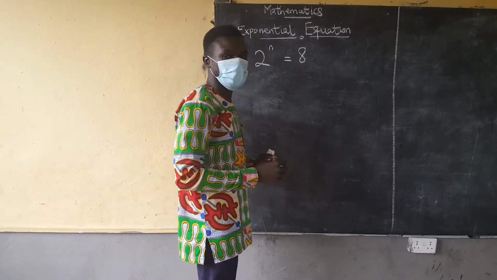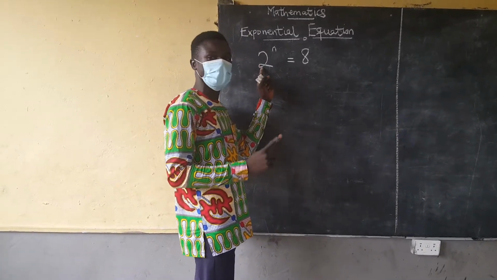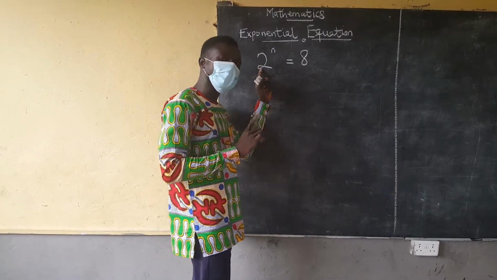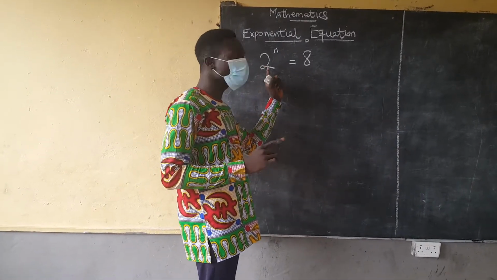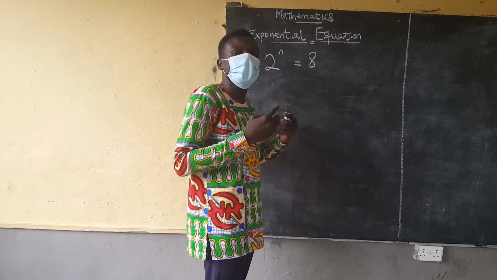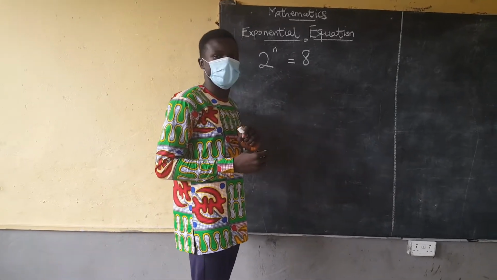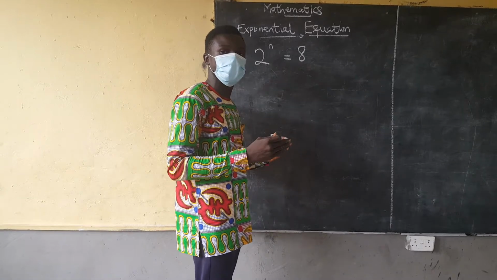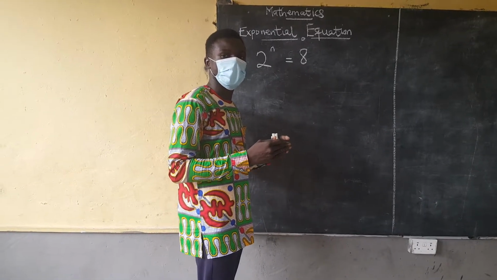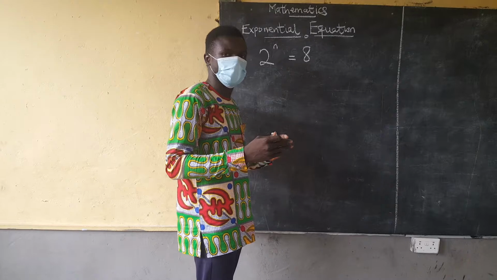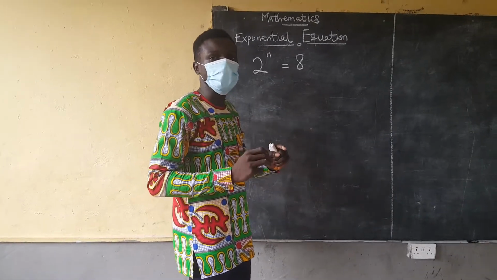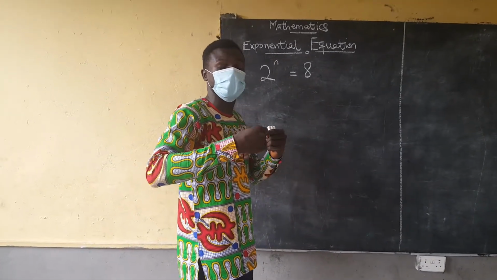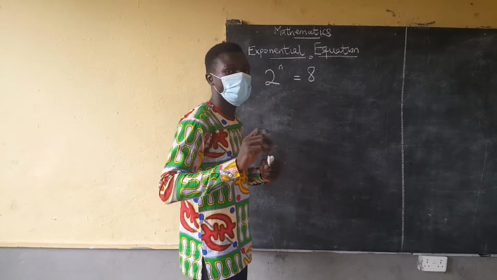If this is my base and the base is 2, I'll ask myself, 2 times 2, how many times will give me 8? If you multiply, 2 times 2 is going to give us 4, and 4 times 2 will give us 8. So 2 times itself, 3 times will give us 8.